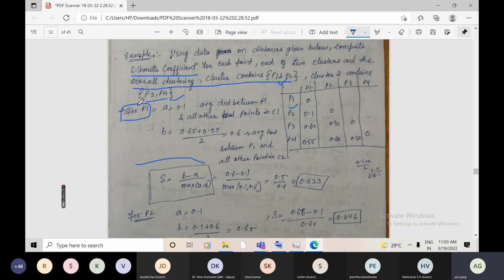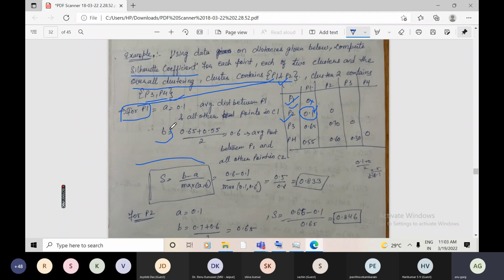P1 is in cluster C1, right? So take P1's distance from the points present in its own cluster. The average distance is 0.1 only, because you will not consider the distance 0 to itself; you have to take only this. So it is 0.1.